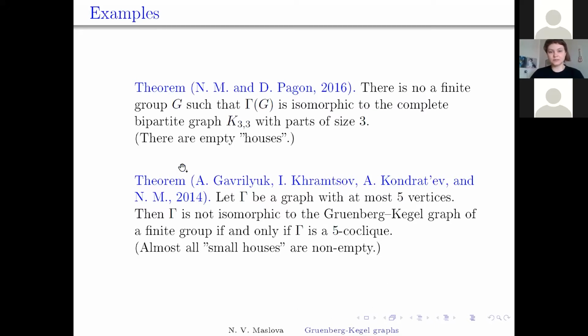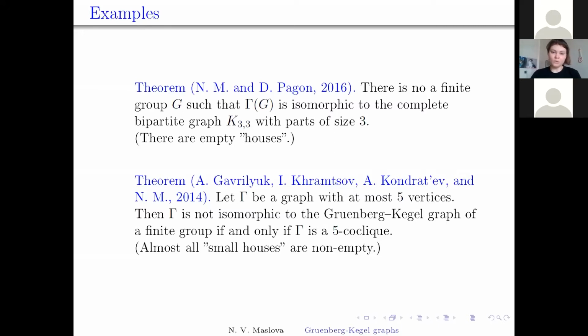And another result, more than 7 years ago, by Sasha Gavrilyuk and Igor Khramtsov, who was a PhD student of my supervisor, and my supervisor in the past, Anatoly Kondratyev. If gamma is a graph with at most 5 vertices, then gamma is isomorphic to the Gruenberg-Kegel graph of a finite group if and only if gamma is not a 5-clique.